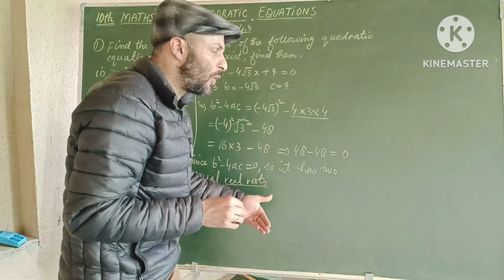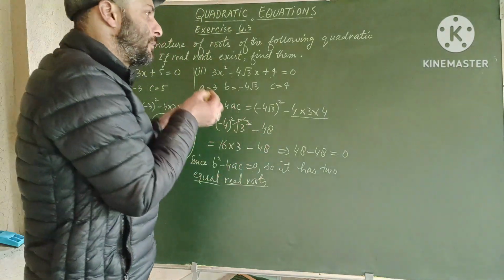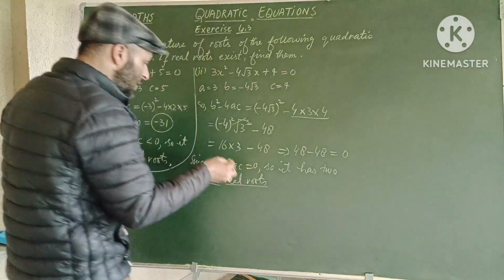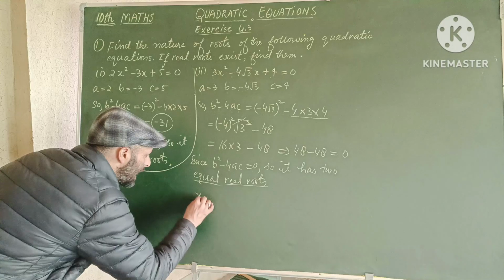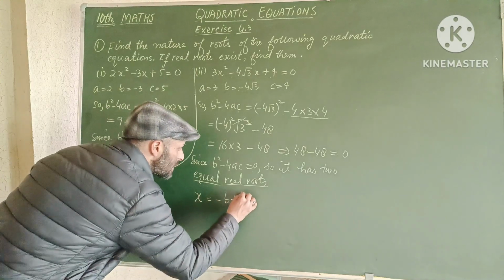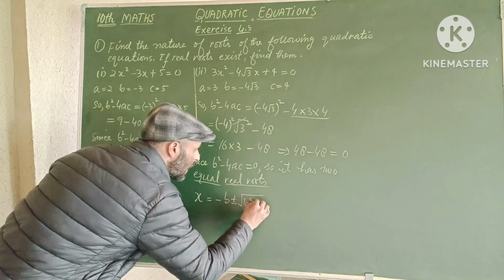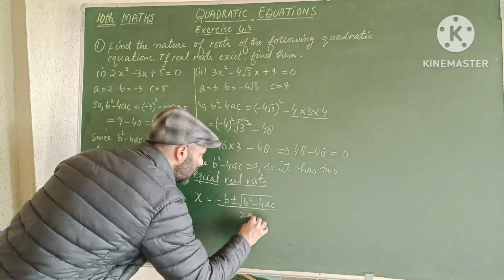Now let us find the roots using the quadratic formula: x is equal to minus b plus minus root of b square minus 4ac divided by 2a.